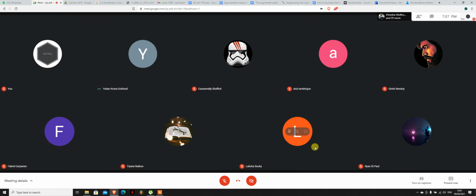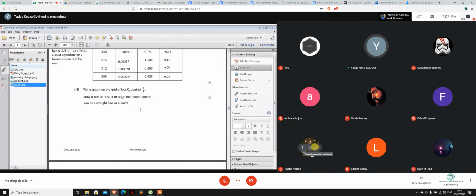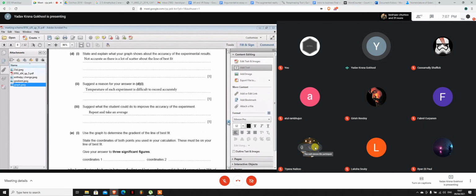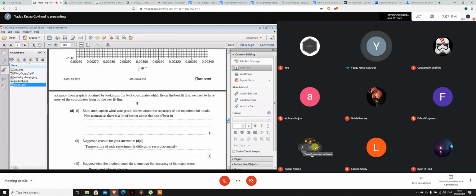Come back to the marking scheme here. When you get a best fit line, remember it can be a straight line or a curve. Here we have got a straight line, even if it does not pass through 0,0. State and explain what your graph shows about the accuracy. Like I've written down in a note which will be sent to you, the accuracy from the graph is obtained by looking at the percentage of coordinates which lie on the best fit line.